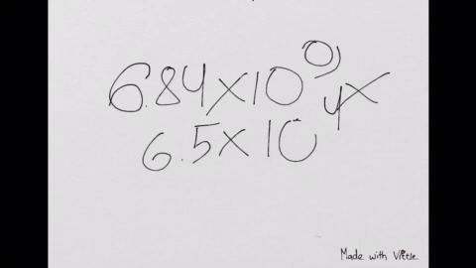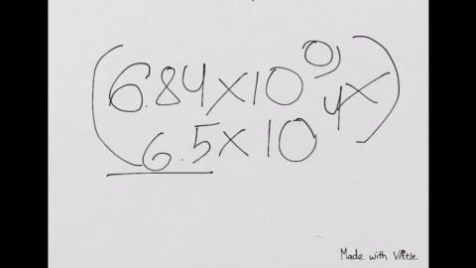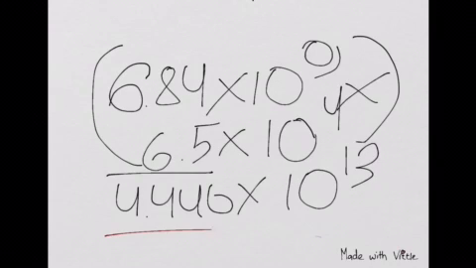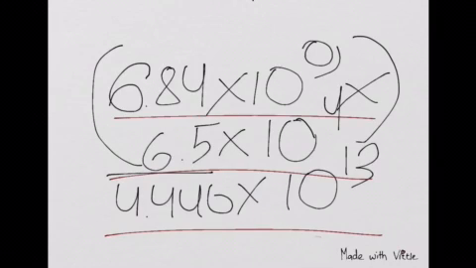We multiply them all together, and 6.84 multiplied by 6.5 gives you 4.446. For the powers of 10, you take 9 plus 4, you get 10 to the power of 13. Your final answer for the humans should be 4.446 times 10 to the power of 13.